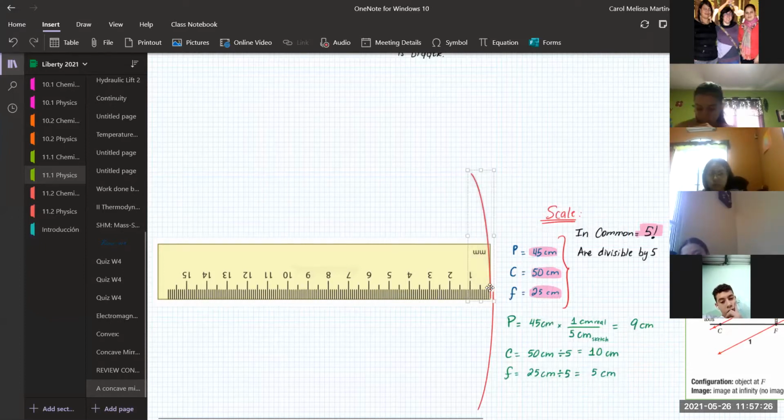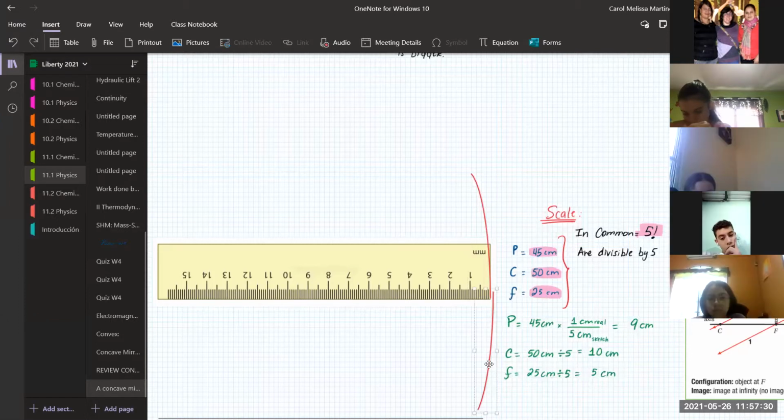Okay, right there at my start, right there at 0, exactly at 0, okay? And I'm gonna draw a horizontal line.